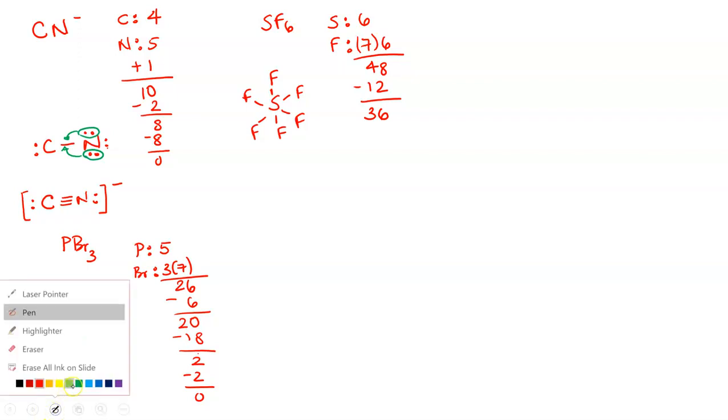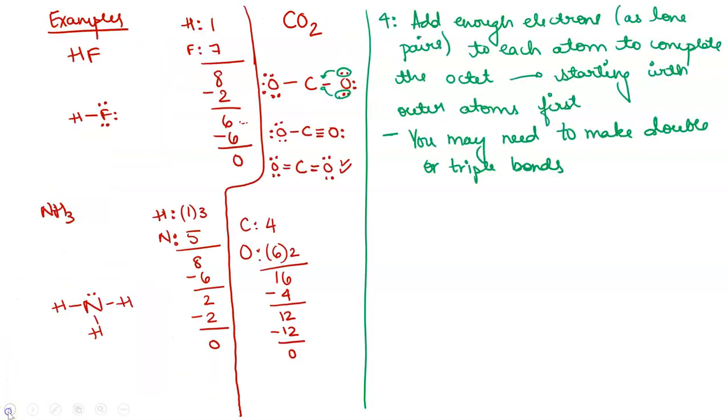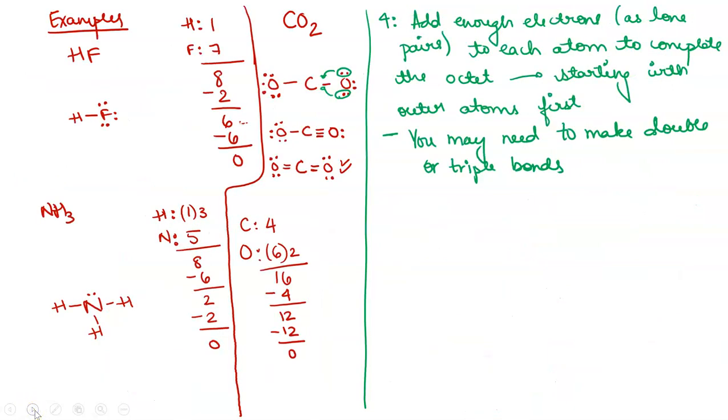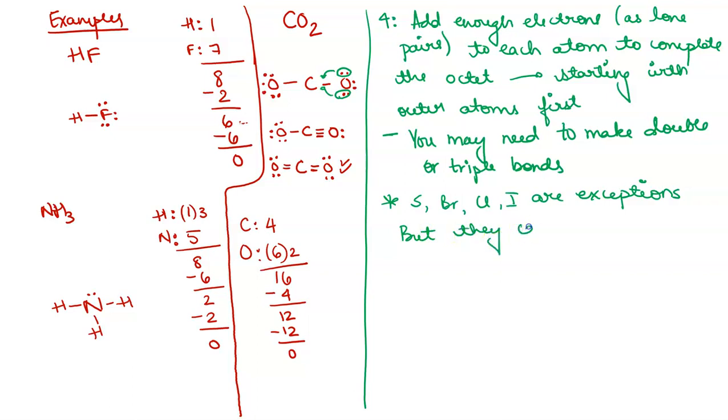So here is an exception to that octet rule. Mostly sulfur, chlorine, bromine, and iodine are exceptions. They will have octets, but they can actually take more than the octet.